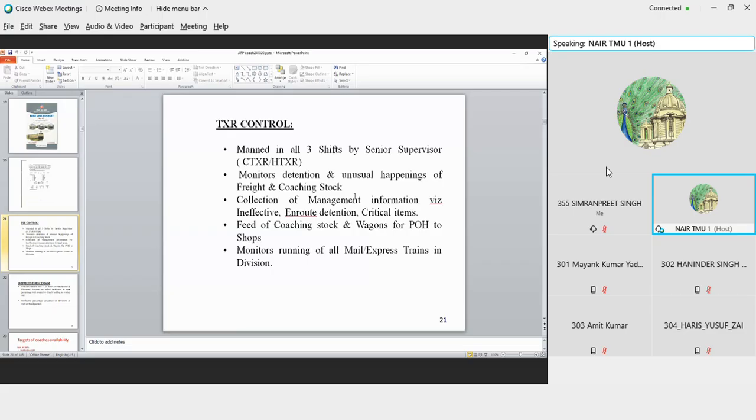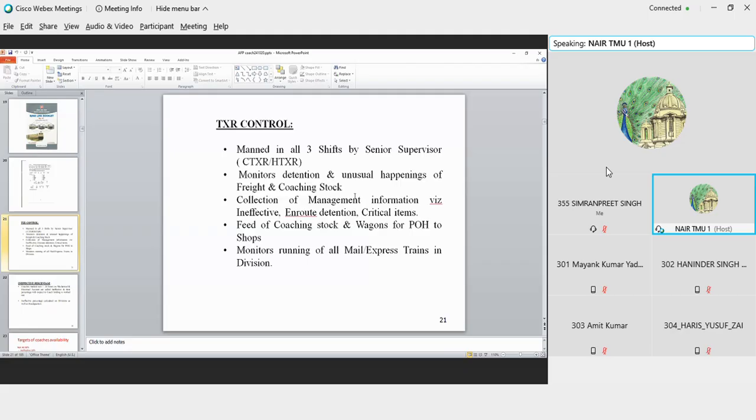In case of diesel locomotives, I told you that the person who is sitting in the control is a power controller. In case of C&W, it is a TXR control. So this gentleman is sitting 24 by 7 in the divisional headquarters in the control room, and he is monitoring his rakes. So in Secunderabad division, there would be a TXR control who would be monitoring all the coaches which are coming out from the Hyderabad depot.